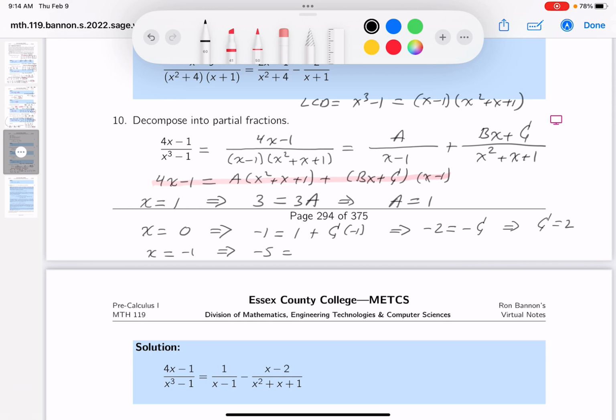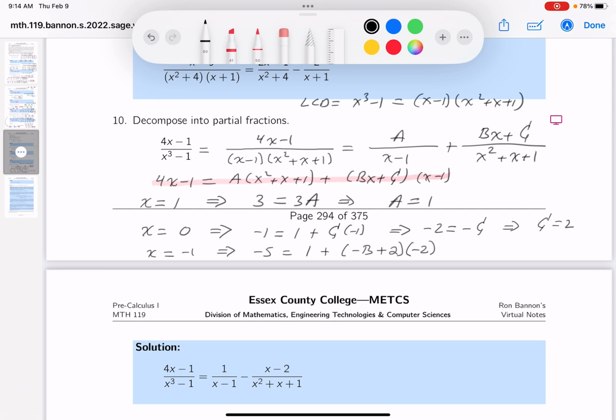And A is 1, so I get 1. That's convenient. And then what do you get? Let's take a look. It's 1, plus, well, C was 2, right? So it's going to be minus B plus 2 times minus 2.